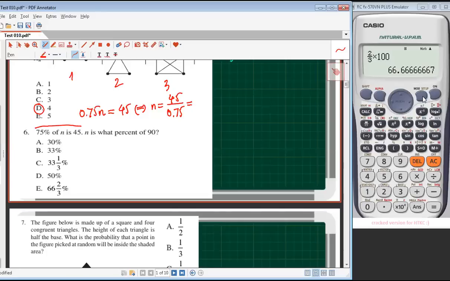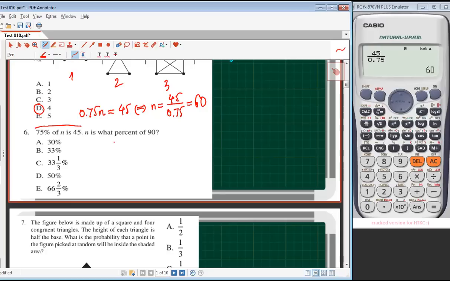So the first we use a calculator: 45 over 0.75, that is 60. And n is what percent of 90? It is simple.